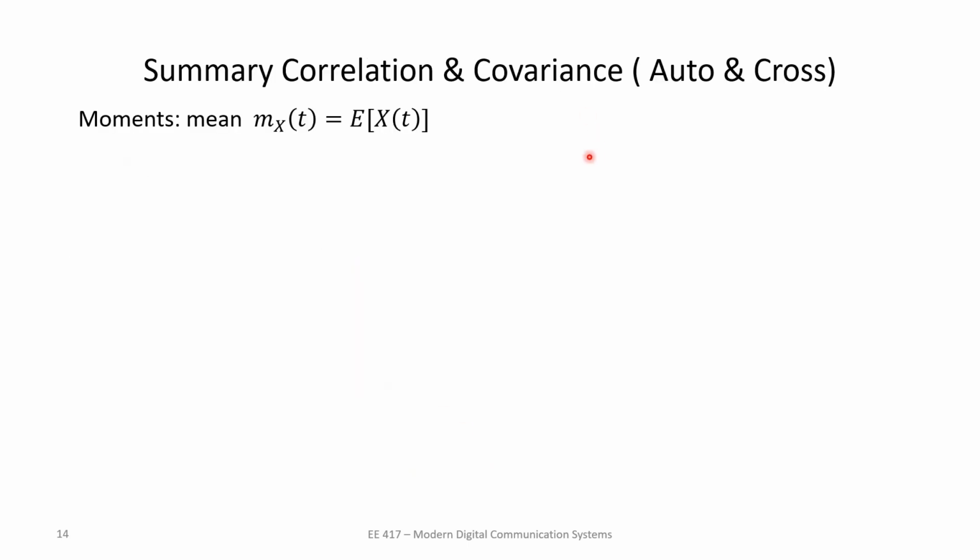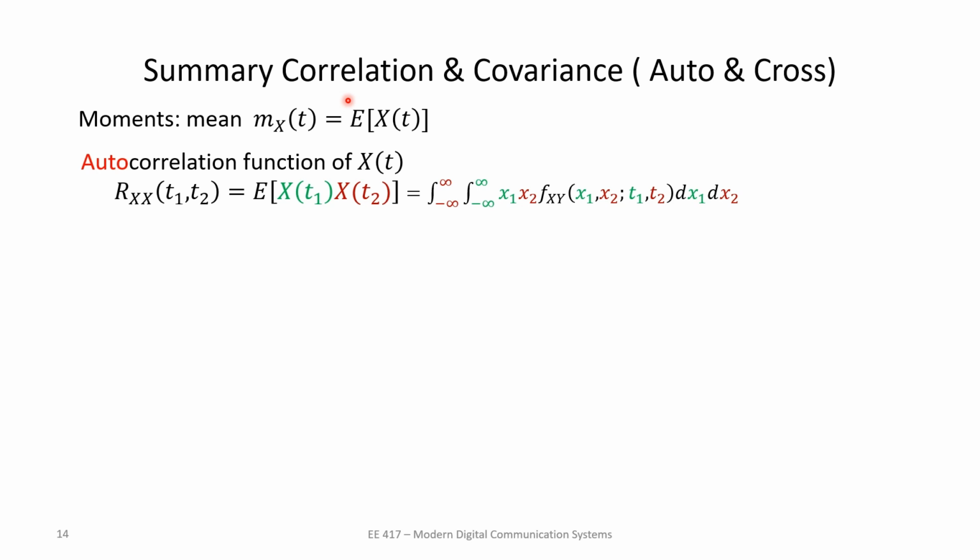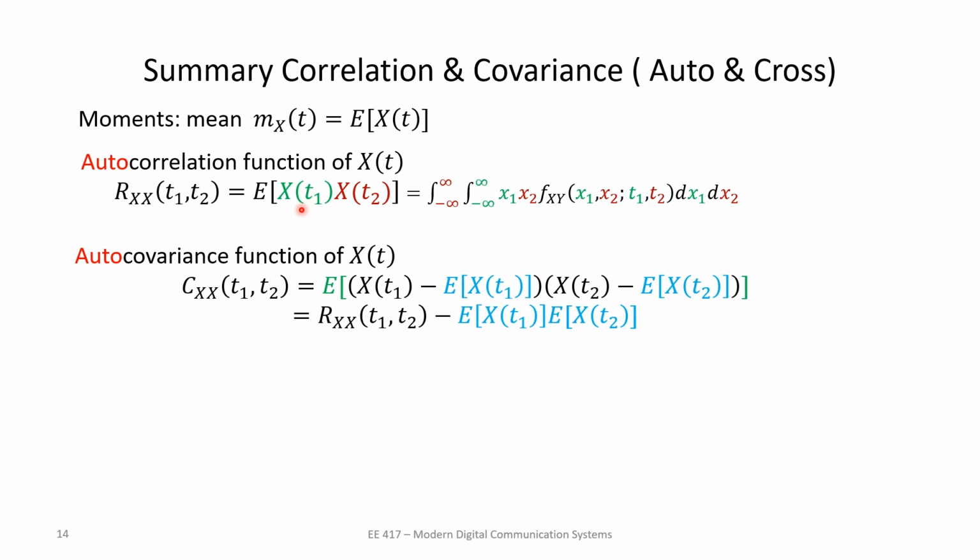Here is a summary of correlation and covariance. We know that the moment or the mean is the expected value of the random process. The autocorrelation, auto means you are comparing the process with itself. And then we have the autocovariance. It's a central moment where you subtract the mean. So you want to see how things vary together. If you increase one, what happened to the other?